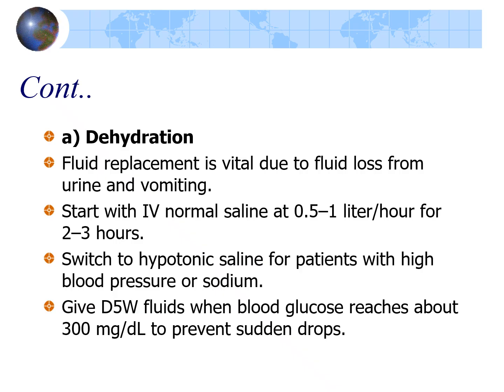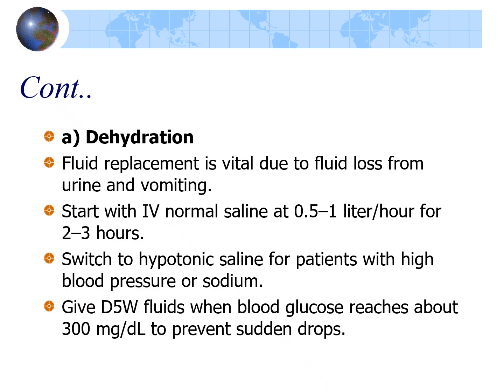So our first goal was to correct dehydration. Since patients lose a lot of fluid through urine and vomiting, fluid replacement is critical. We give IV fluids, usually normal saline, 0.9%, at about half to 1 liter per hour for 2 to 3 hours.